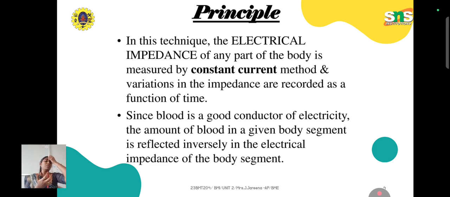When you have a change in resistance on one hand, and you give a constant current, whenever the constant current flows over the resistance, you can see some voltage drop. That voltage drop is based on the value of the resistance.